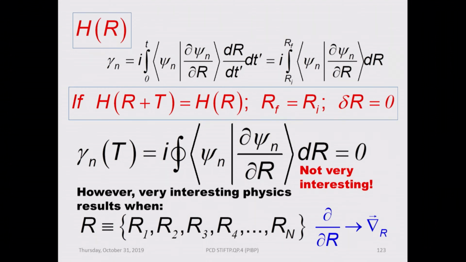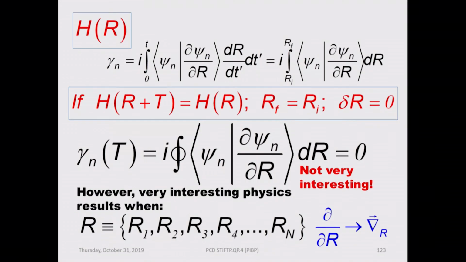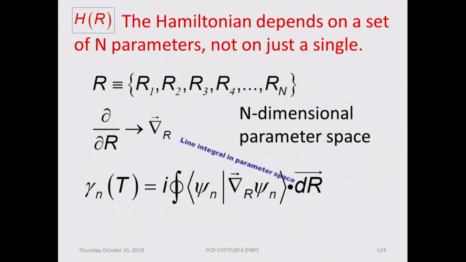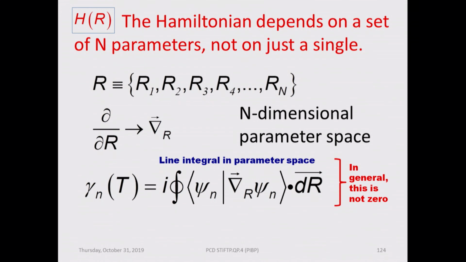We normally think of gradients in 3 dimensions, but the same idea can be extended to n dimensions, right? So, you have a gradient operator in a multi-dimensional parameter space R, and del by del R will have to be replaced by the gradient of R. And in this case, it turns out that the geometric phase in general is not 0.